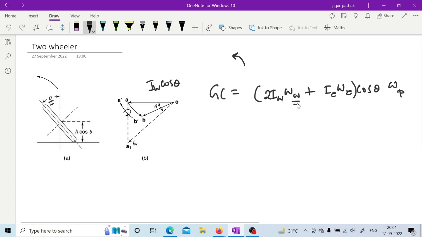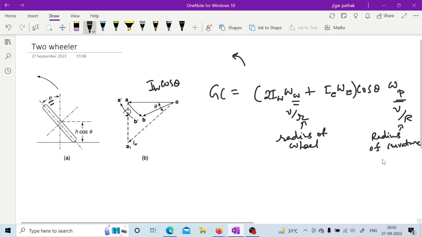Here again omega w and omega p, as we have discussed, will be v by r and v by capital R, where v is the linear velocity of the vehicle, r is the radius of the wheel, and capital R is the radius of curvature on which the vehicle is taking a turn.